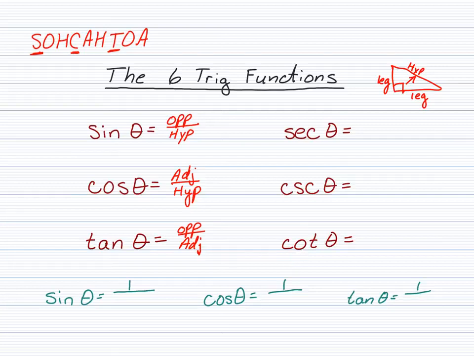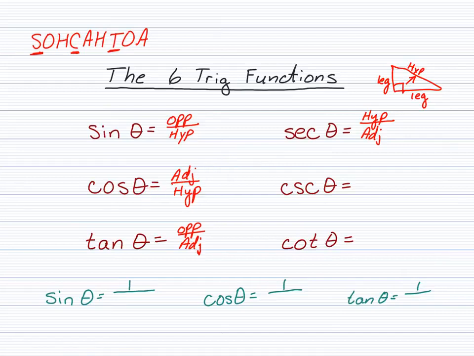All right, so the ratio for secant is equal to the hypotenuse divided by the adjacent leg. And what you may notice is that this ratio is the reciprocal of the cosine ratio, which means secant and cosine are reciprocals of each other.